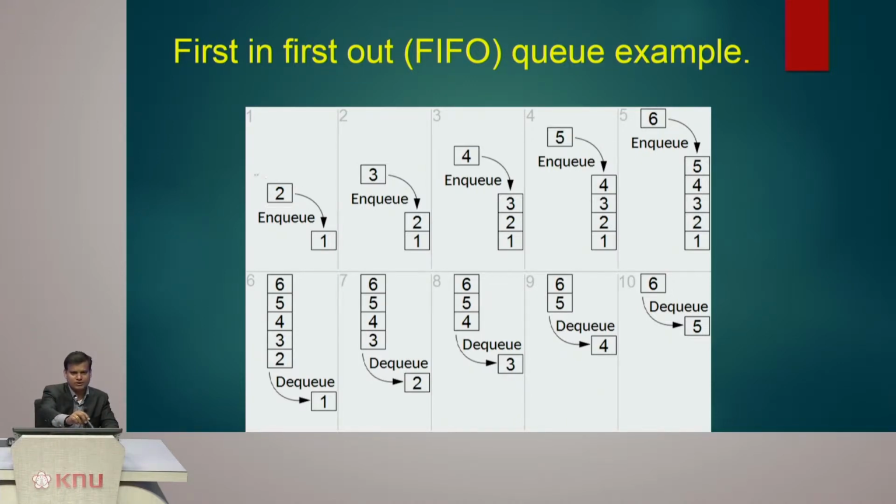You can see he has been added to the queue, or enqueued. Then the third person comes in, he is also added to that queue, so he goes behind the second person. Then comes the fourth customer, he is enqueued behind the third customer, and so on.